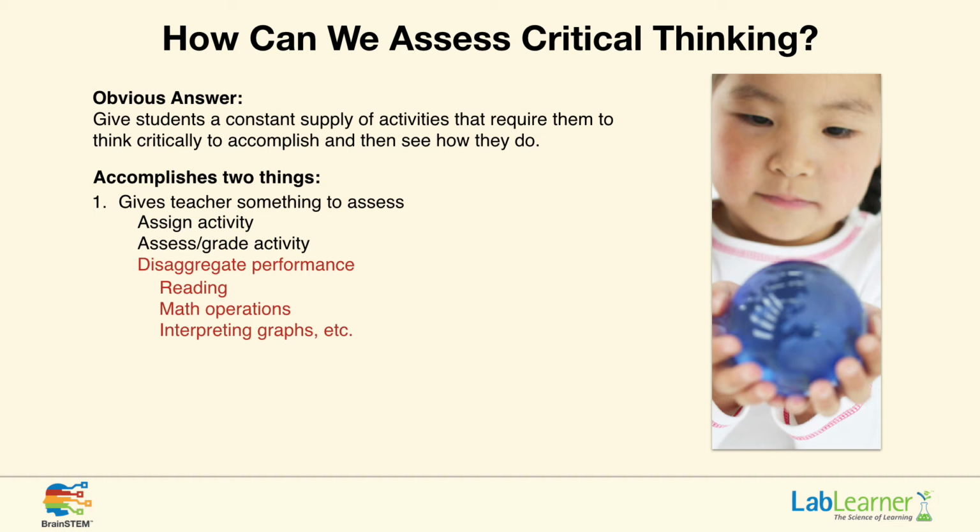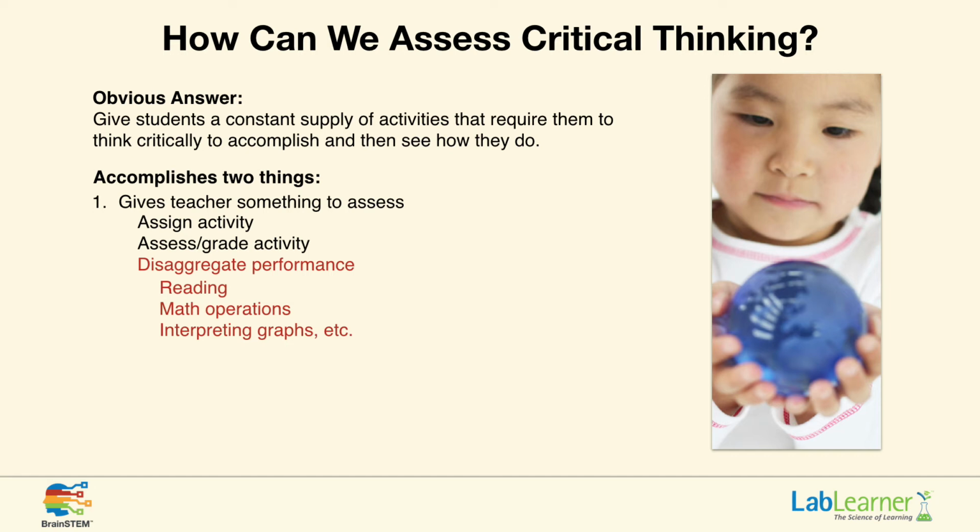Was there an issue? Did they not perform well because there was an issue with their reading of the question? Or was it that they read it correctly, but they have some fundamental problems with the mathematical operations or interpreting graphs or other things that led to them not performing well on a critical thinking task?